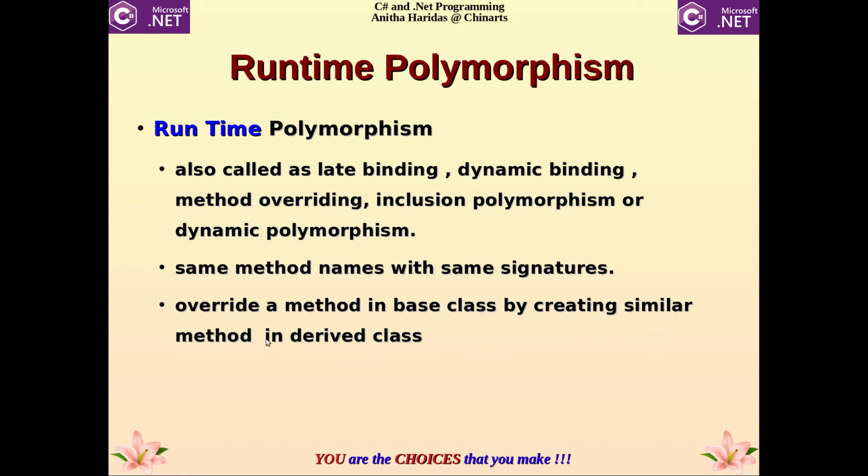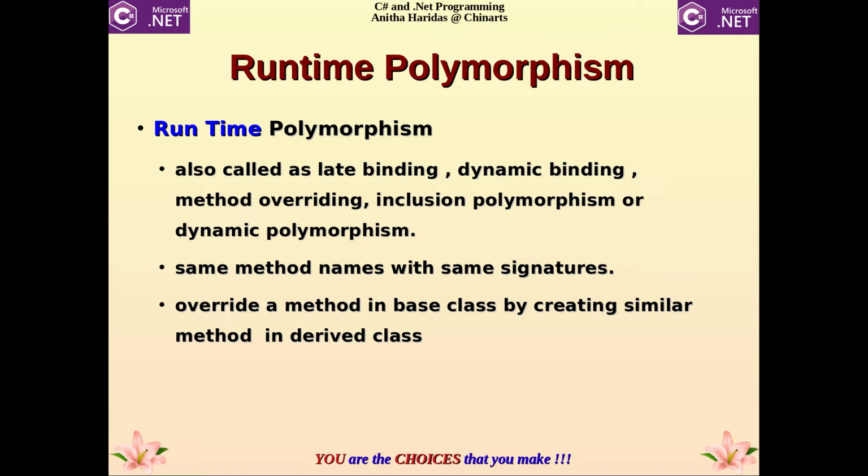Then this is achieved by overriding a method in the base class by creating a similar method in the derived class. So obviously the runtime polymorphism concept is coming under the inheritance principle. Inheritance is another important core principle of C# programming. We will be discussing inheritance also.